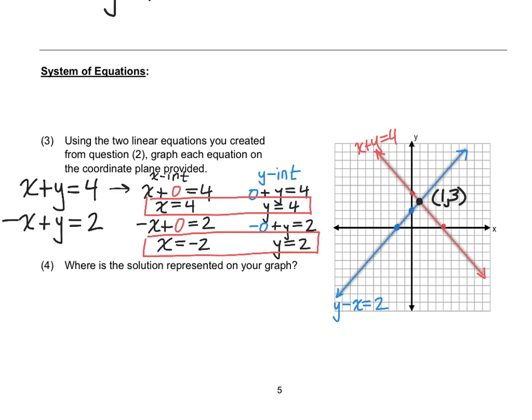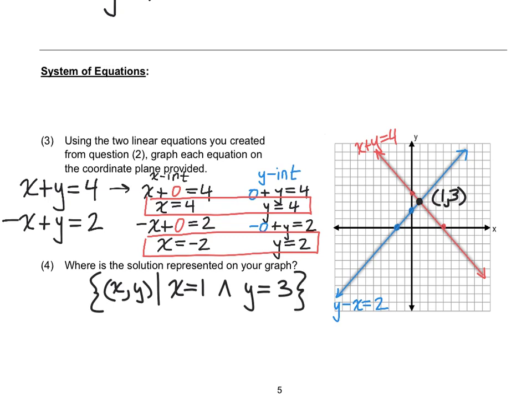Now, it's just asking us for the location of the intersection, but I also want to talk about the proper, well, yeah, I guess proper notation. So it's the squiggly bracket stuff. What we would say here is, well, a couple of ways you could write it, but we would say that the solution is xy such that x equals 1 and y equals 3.